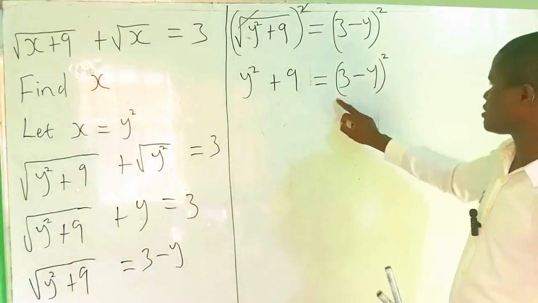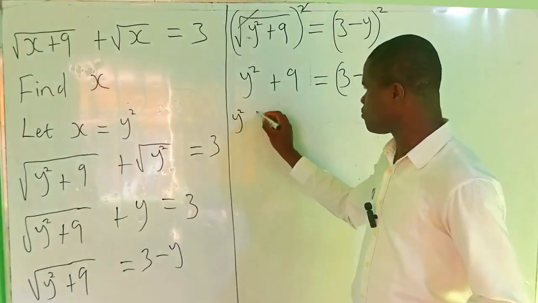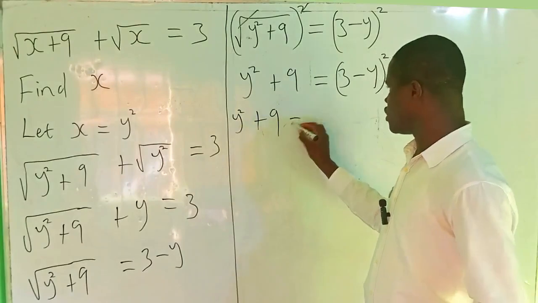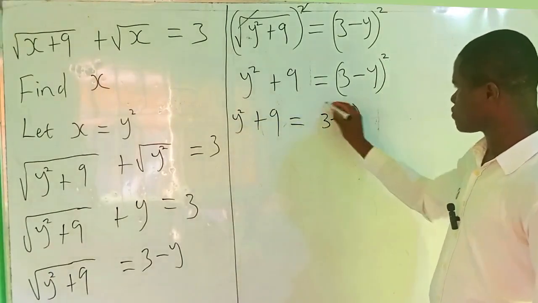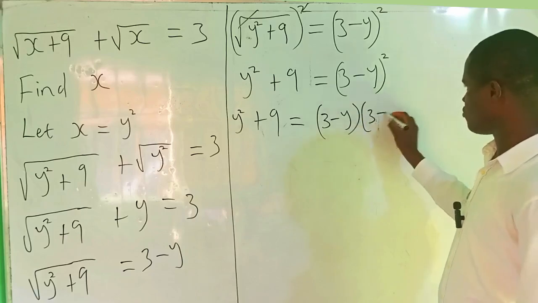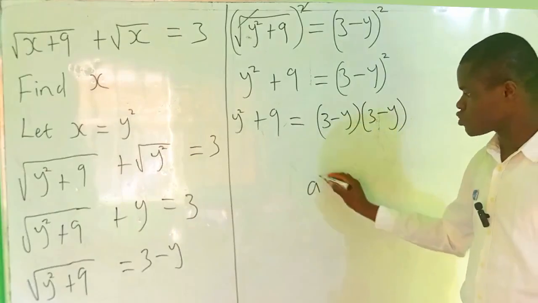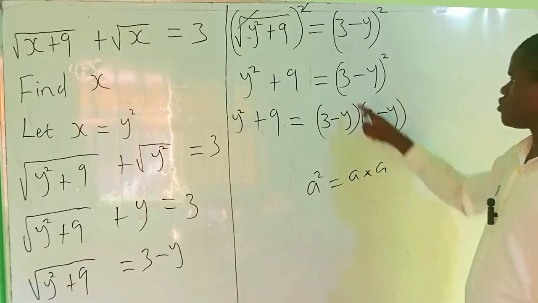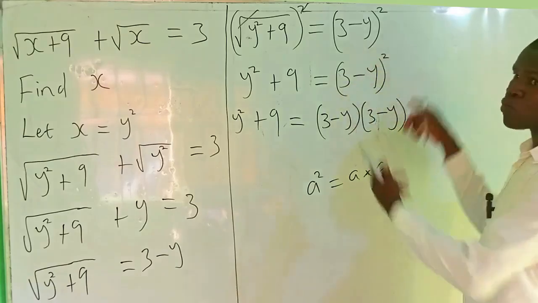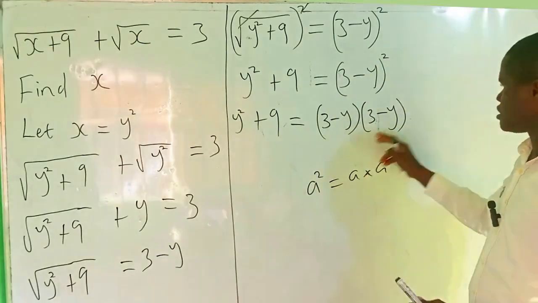So the next thing is to expand this expression. It becomes y squared plus 9 is equal to 3 minus y bracket 3 minus y, because a square means a times a. In the same way, 3 minus y all squared means 3 minus y in brackets times 3 minus y.